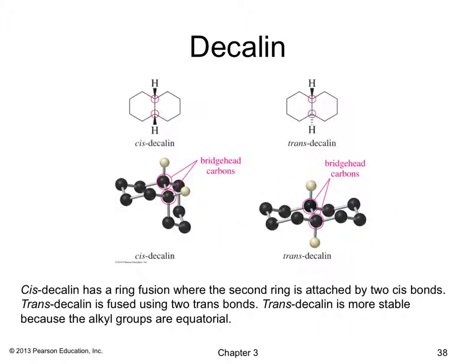In the case of trans decalin, you have that same ring structure, which are fused, where one is axial and the other one is axial as well. Here are the bridgehead carbons in both cis and trans. Of these two, the trans is more stable because the alkyl groups, meaning these groups over here, are equatorial. In the cis case, you have one axial showing here with the actual methylene group, and therefore the trans is more stable.